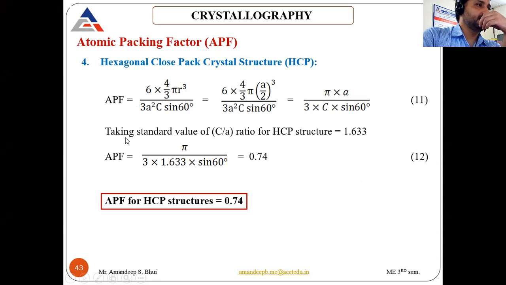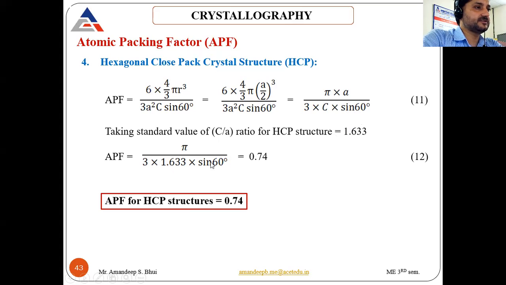Now there is a standard value of the C by A ratio for the HCP structure, which is 1.633. This is the standard value that we take: the height of the unit cell divided by the side of the face of the unit cell of an HCP structure, C by A. So we substitute this value in equation number 11 and we get this equation.